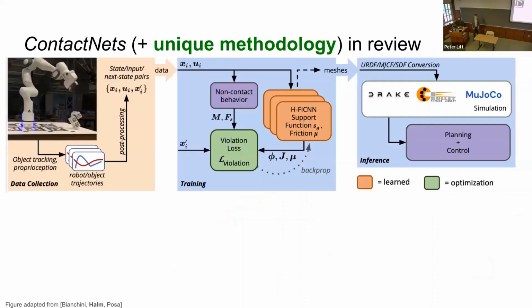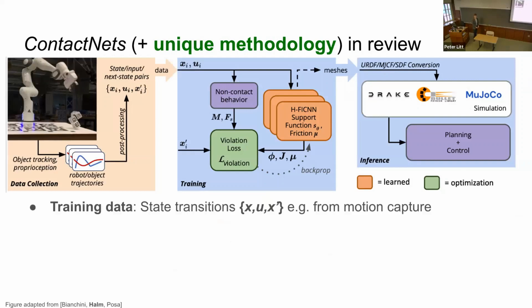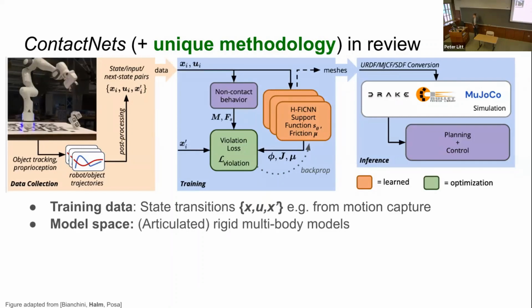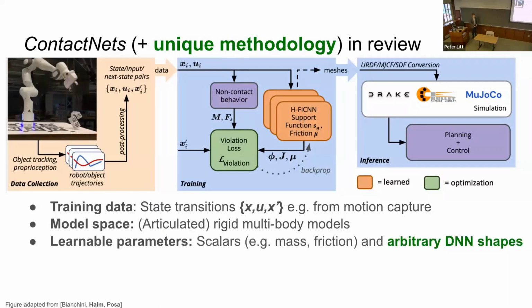So here's an overview of the learning process that we would use with contact nets. Much like all the other learning processes described in this talk, you start from state, action, next state data points. You can collect those, for instance, from motion capture. And then we instantiate a physical rigid body model with articulation. And we set all of the geometries or just particular geometries of interest to be learnable inside of this system, parameterized by these neural networks.